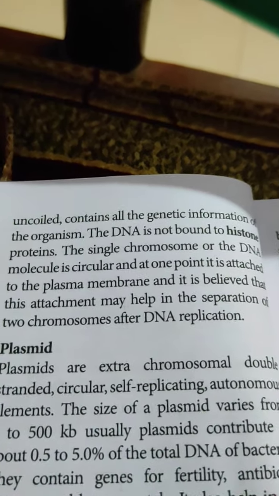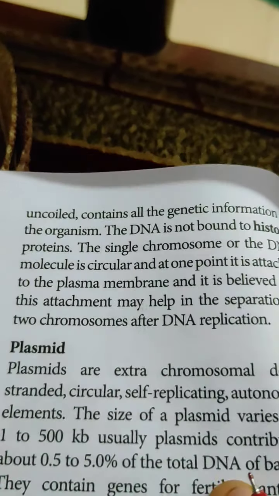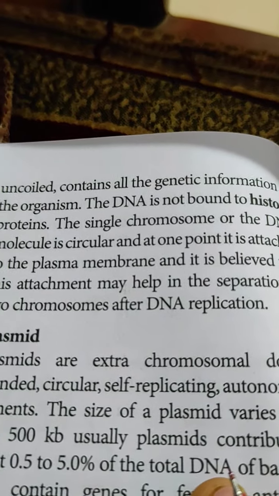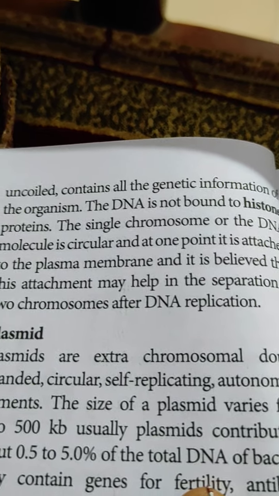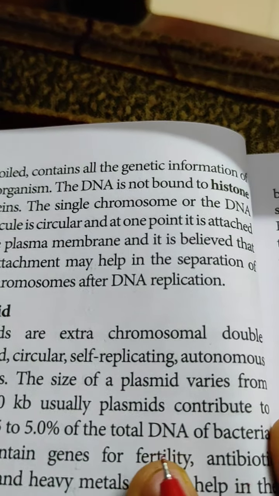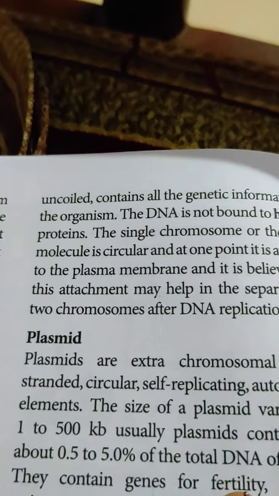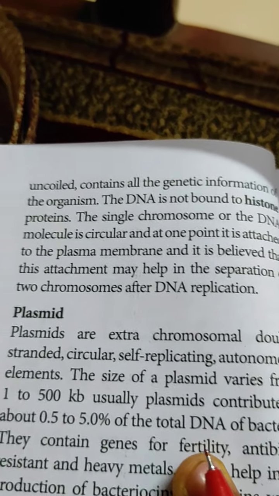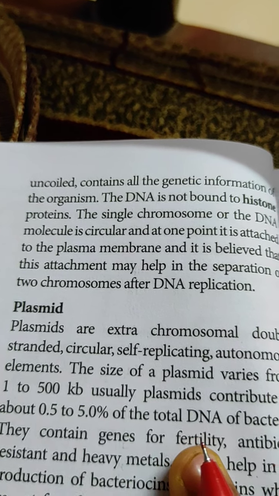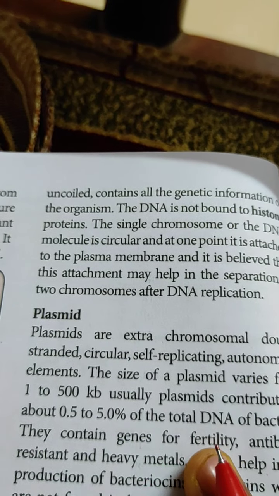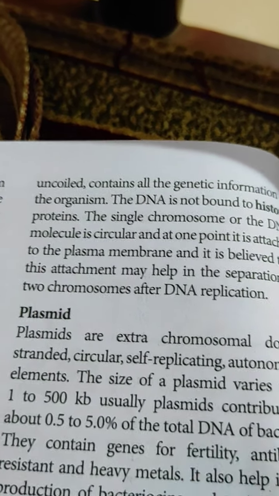From that point only the replication will be started. So this chromosome is attached at one point, and it is believed that this attachment may help in the separation of two chromosomes at the time of replication.